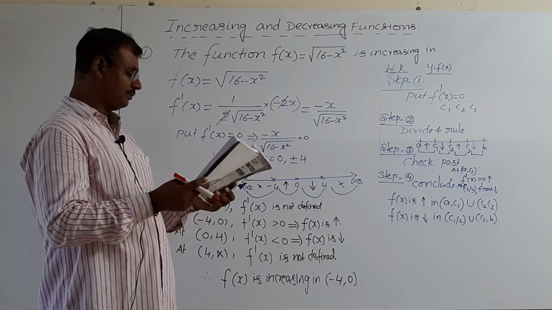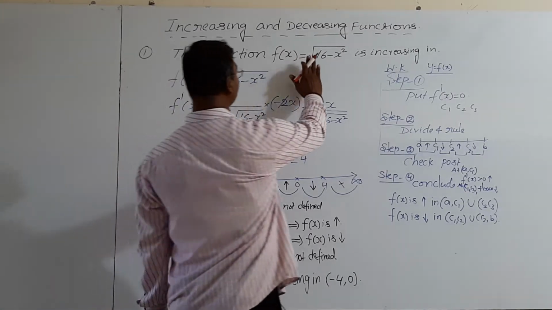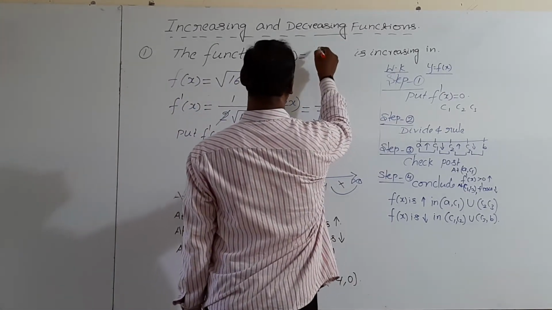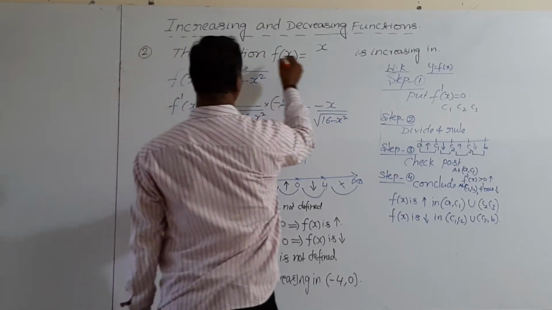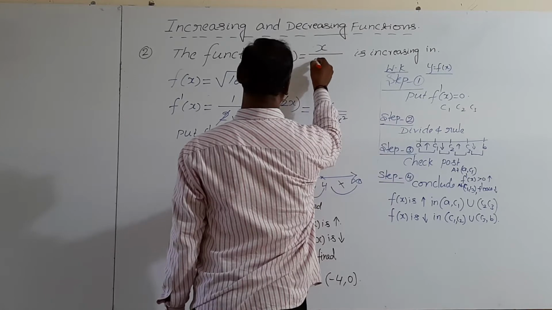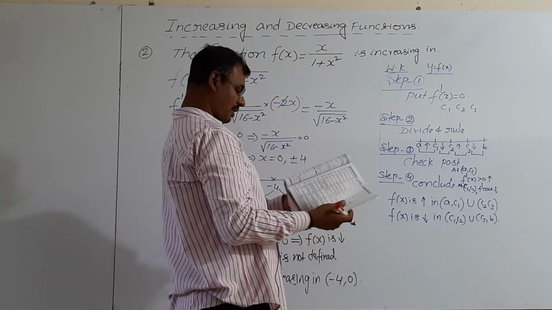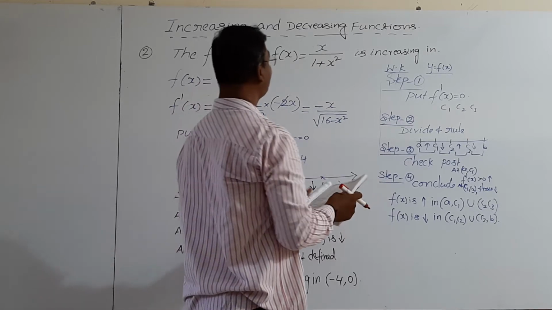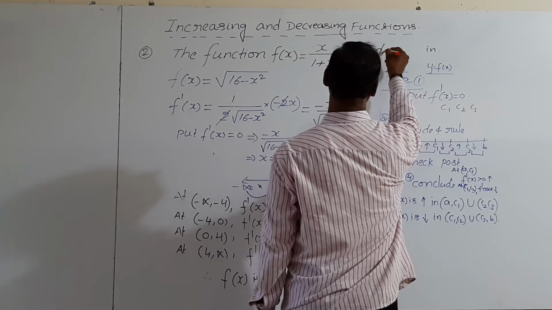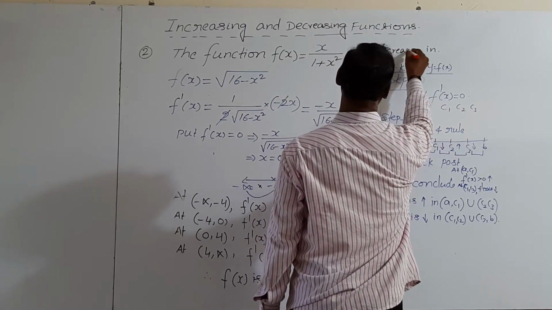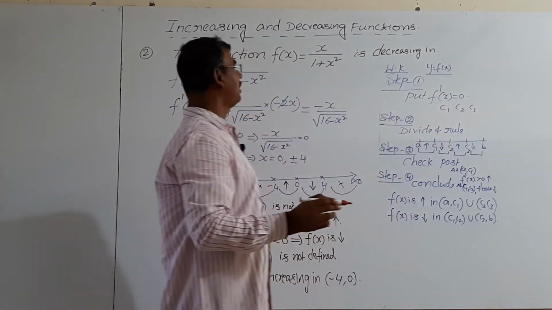The next problem, question number 2: the function f of x equal to x divided by 1 plus x square is decreasing in which interval?